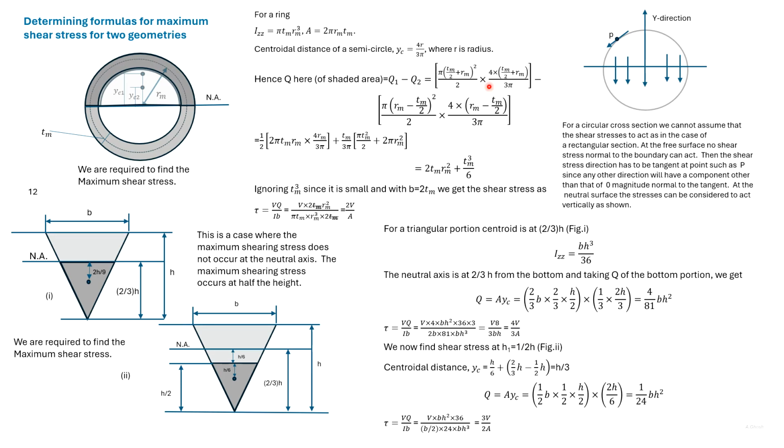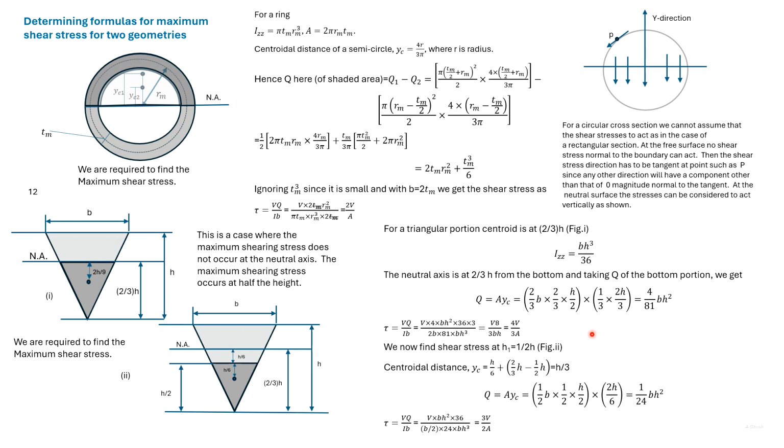We'll now find shear stress at height h by 2. We first look at the centroidal distance. Centroidal distance will be 1/3 of h by 2 plus this distance, that is h by 6 plus 2/3 h minus half h.